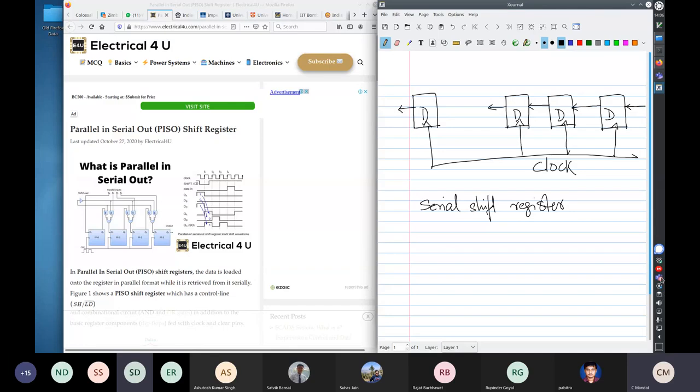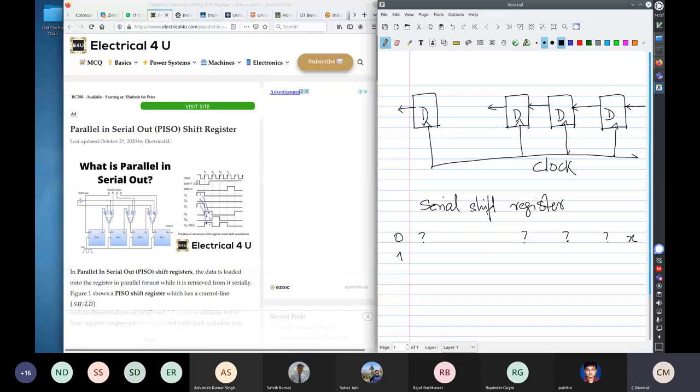So what is the function of this register? Oh, the function is very simple. You can shift data in. If you look at the behavior, what is the initial state? Say T0. At T0, you do not know the values of these flip-flops. Let us say at the input you have x0.